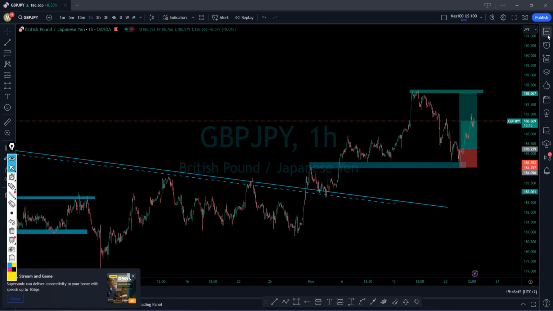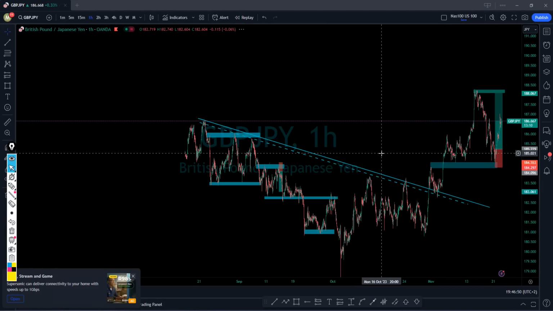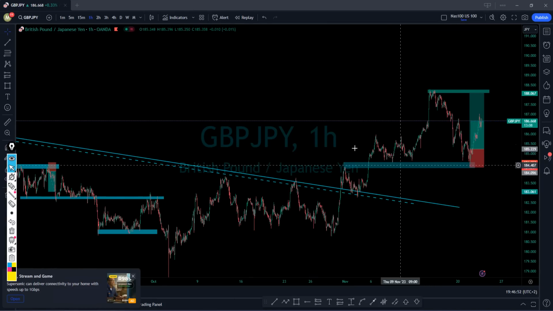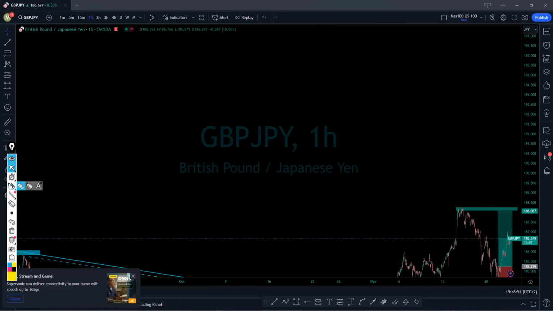Let me check a nice pair. Or maybe we can use this one. It's fine. So remember, I will start from scratch, but I'll be very quick. Once you're done identifying your trend, your resistance, support, and you have drawn everything, you will move to 1 hour.